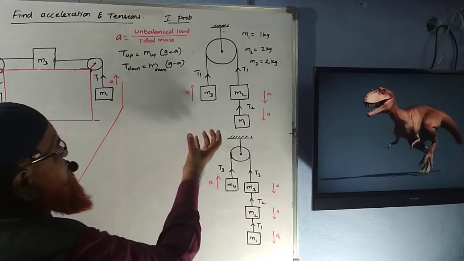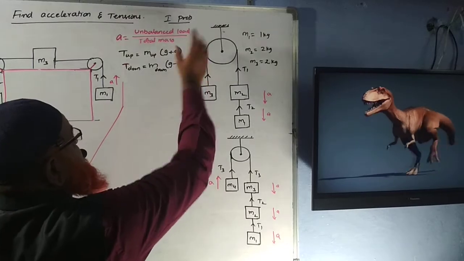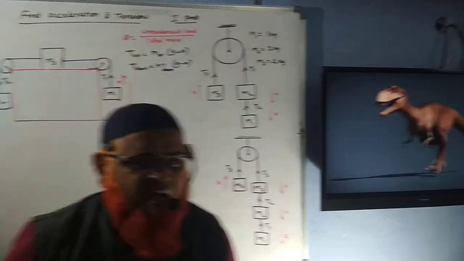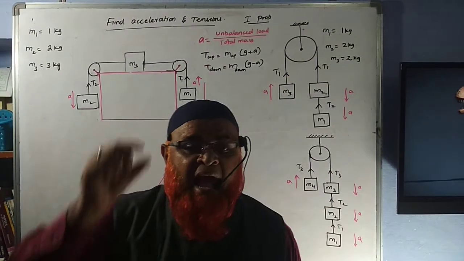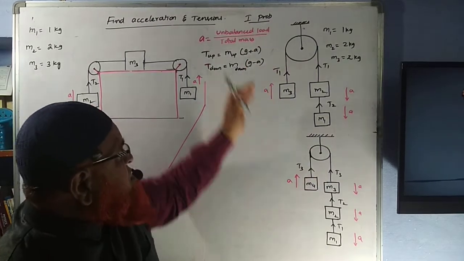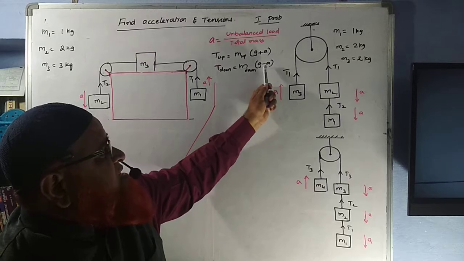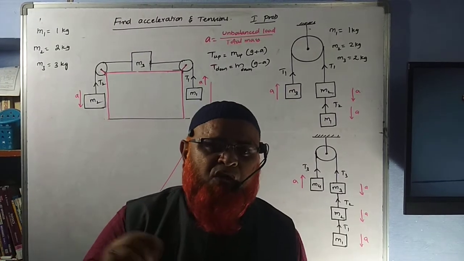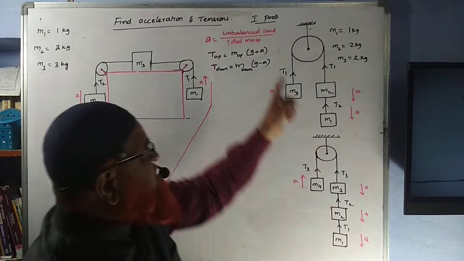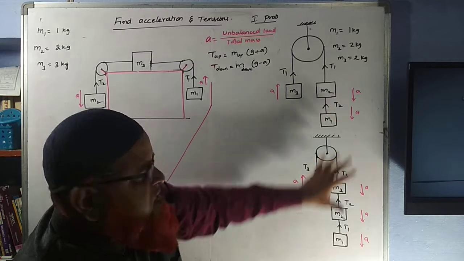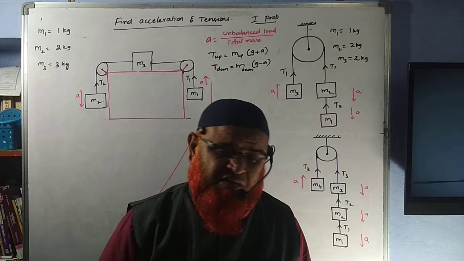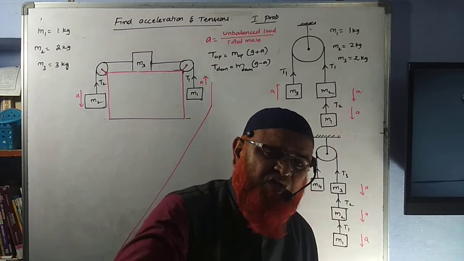So tension for the body which is moving up is T up is equal to M up into G plus A, because when the body is going against the gravitational force, acceleration is going to add up, and when the body is coming down, acceleration gets subtracted. You know all these basics because you are familiar here. So these three formulas, if you remember, you can solve any problem of pulleys. Multiple pulleys also you can solve here, but this is the basic technique which you have to remember.